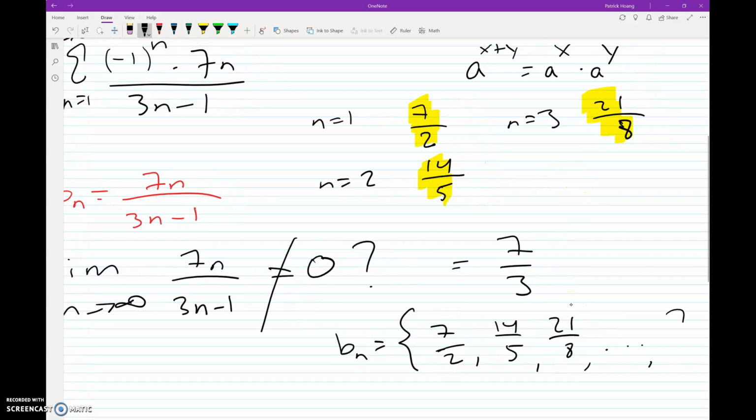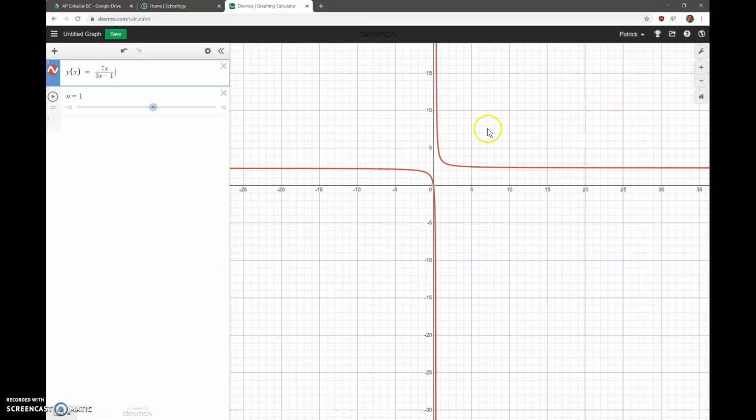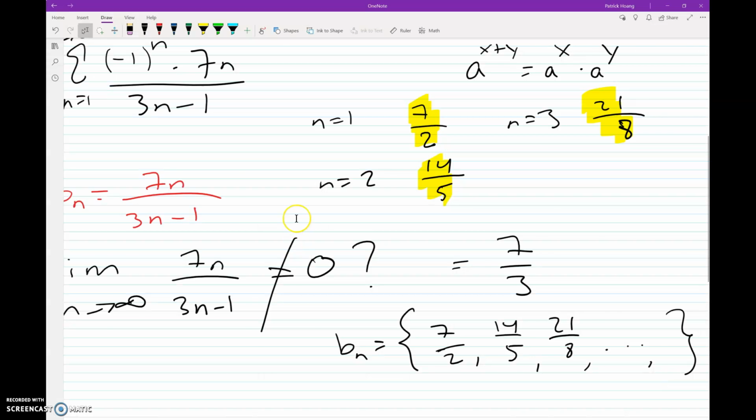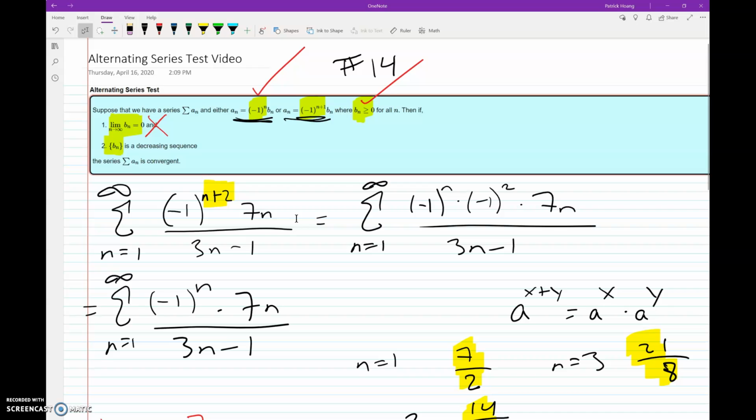Is this a decreasing sequence? Looking at the numbers, maybe it's not obvious. I have Desmos right here, and you can see, yeah, it's decreasing. So it satisfies the last condition.